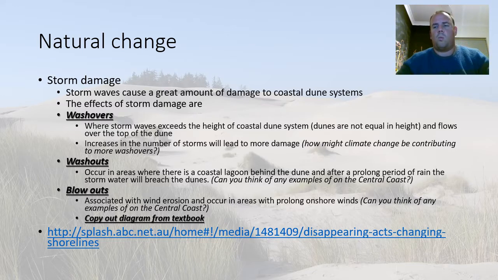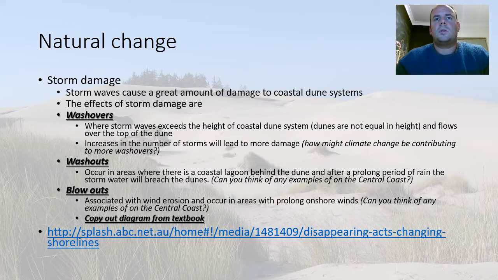This is when waves wash over the dune, and because it's normally a destructive wave when we have storm waves, the power of the wave coming back into the sea is quite heavy and picks up material off the dune and takes it back into the sea, which will probably be moved down to the next beach.